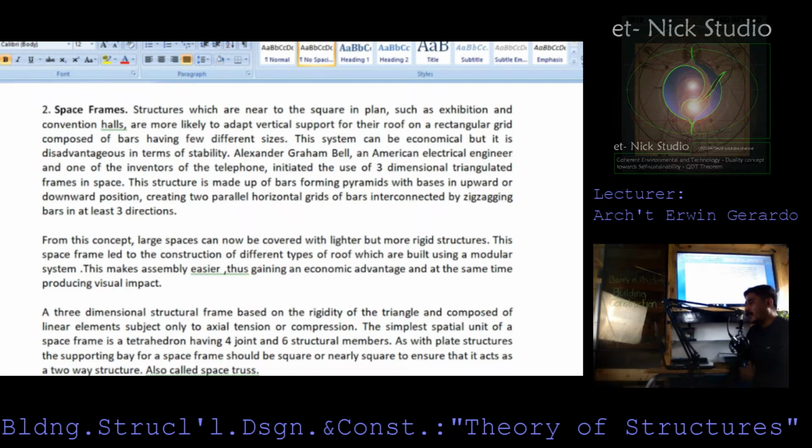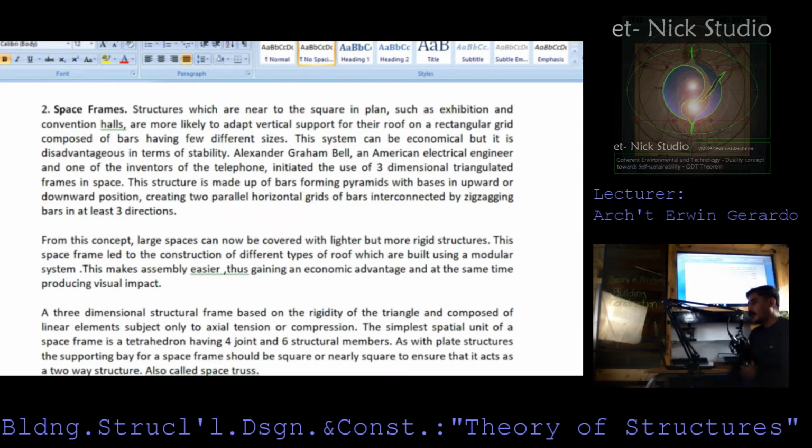Alexander Graham Bell, an American electrical engineer and one of the inventors of the telephone, initiated the use of three-dimensional triangulated frame in space.